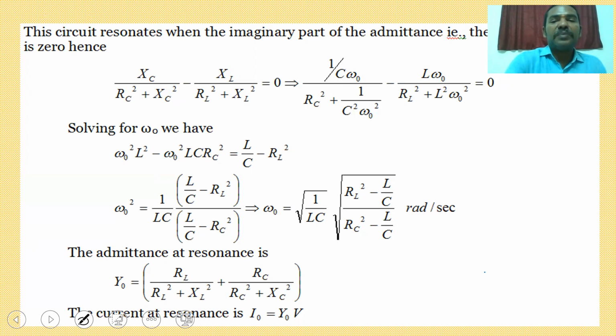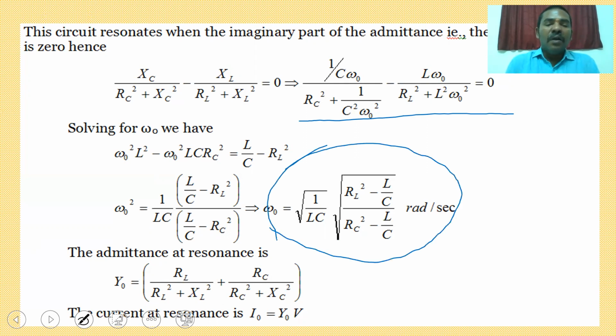After substitution and simplification, you can get omega naught square L square minus omega naught square LC RC square is equal to L by C minus RL square. Further simplification gives the omega naught value: omega naught is equal to root of 1 by LC into root of the numerator, RL square minus L by C, divided by the denominator, RC square minus L by C.